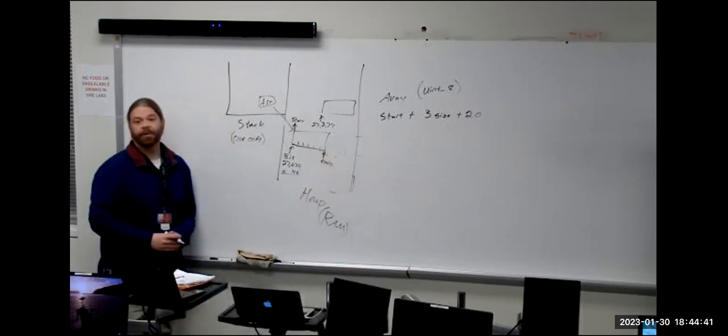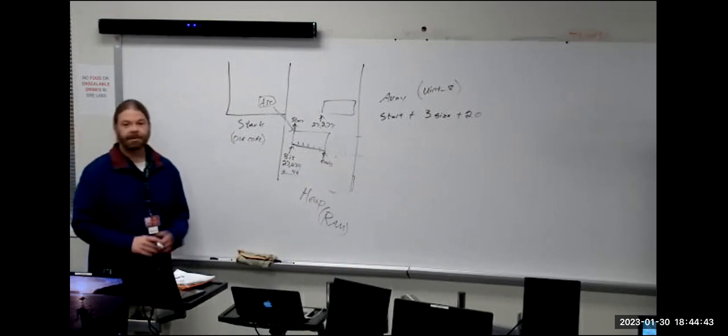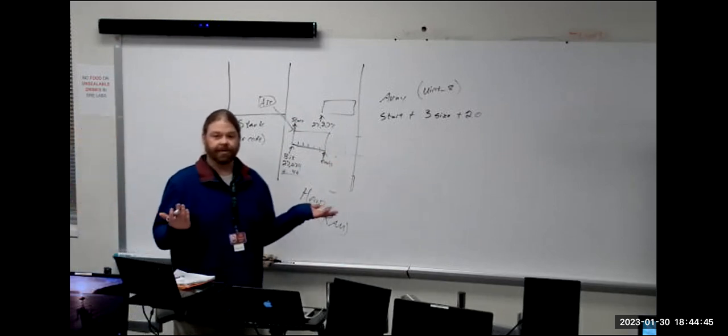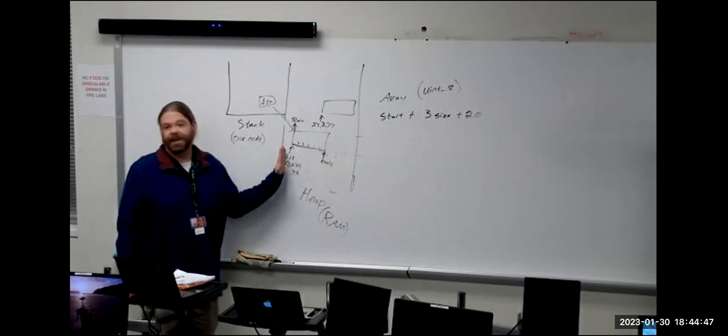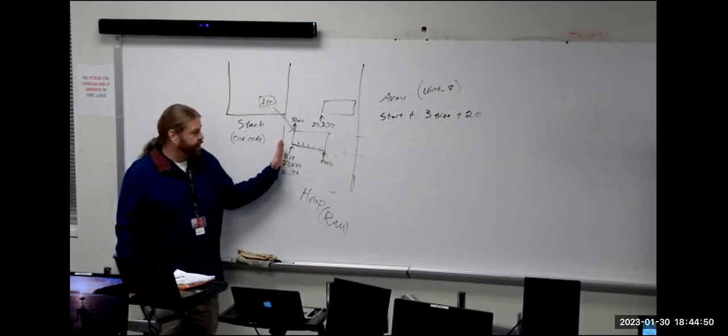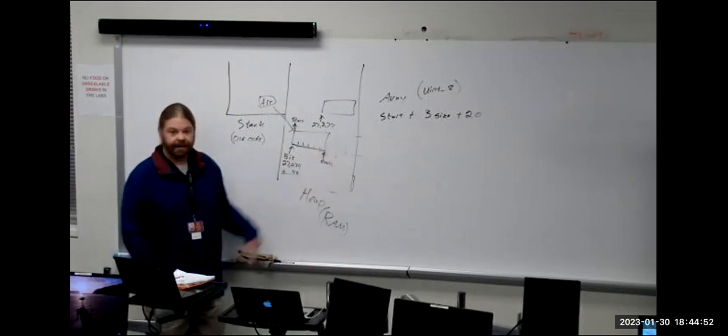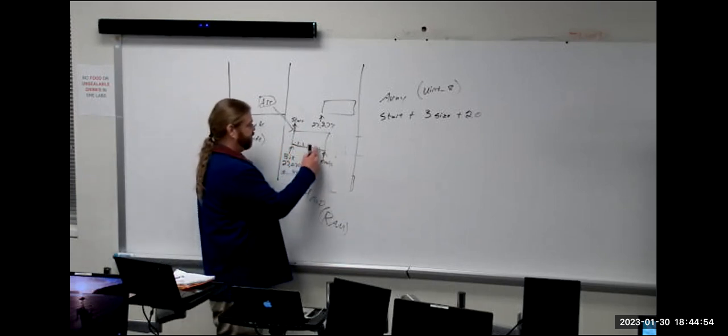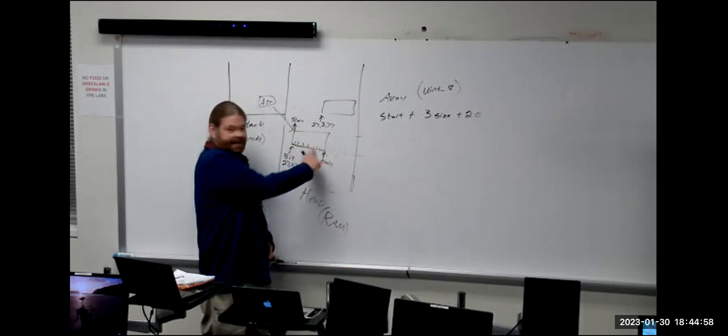When we ask for it, we have to ask for the beginning. That's why our indexes typically start at 0, because it's the start point plus 0. But when we get to the end, right, 1, 2, 3, 4, 5, 6, 7, 8. So there's 8 bits.